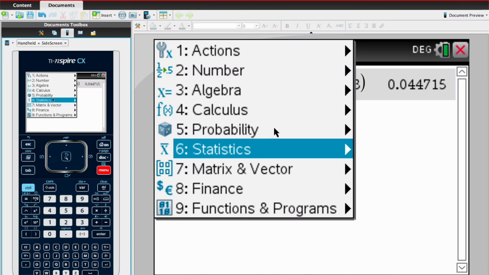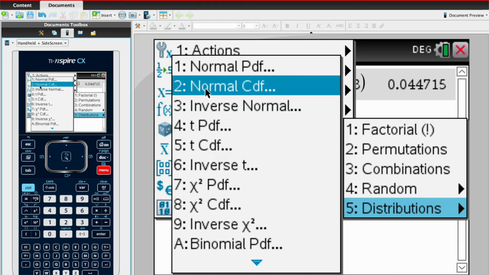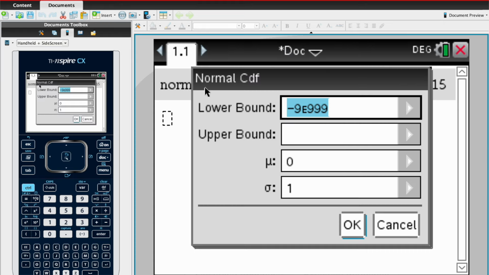Menu, probability. Here we go. In this case, our lower bound is 160, upper bound is 170. Mean is again 170.7, and our standard deviation is 6.3.